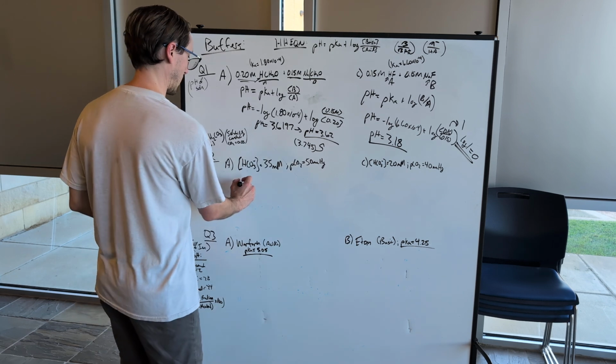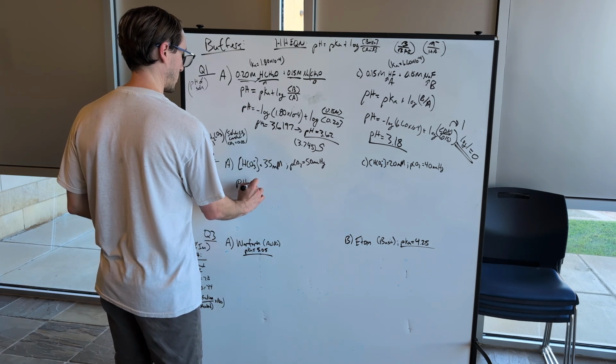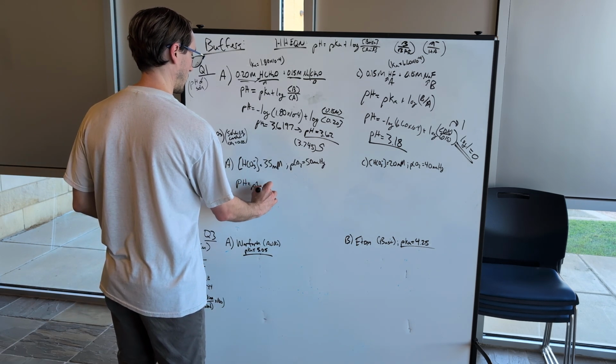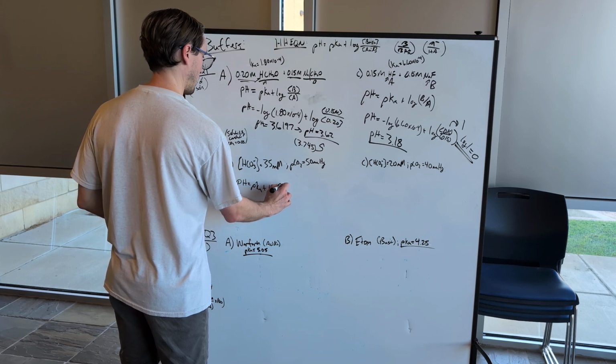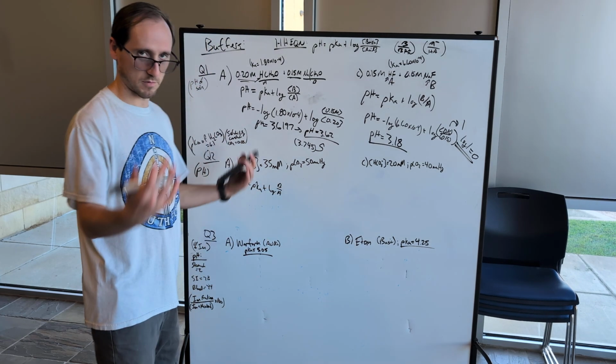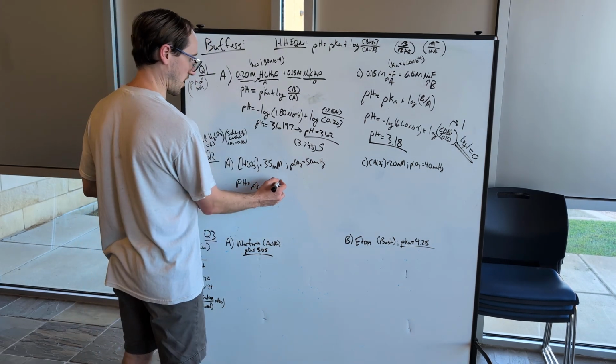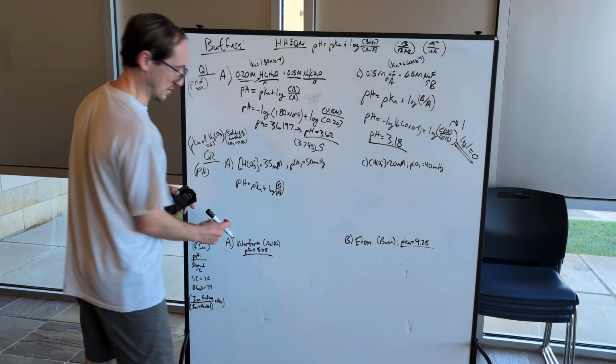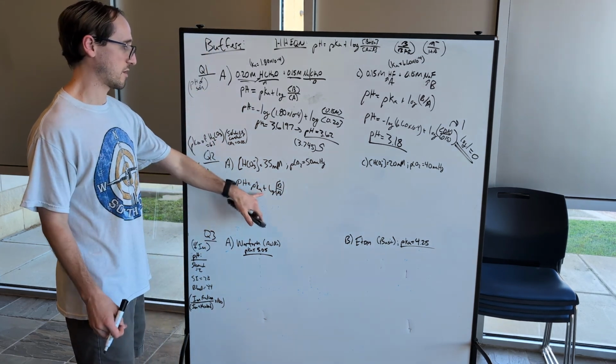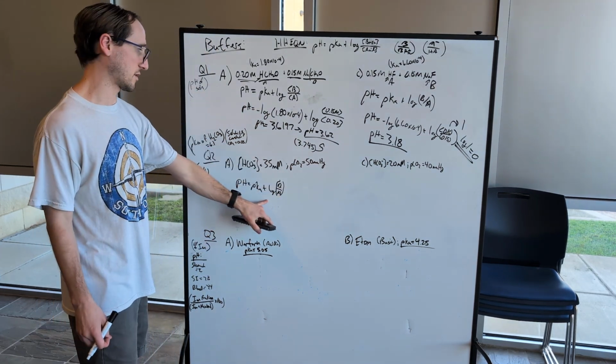Because once again, we're looking at pH is equal to pKa plus the log of base over acid. Again, we're not doing anything different, but the idea is being able to know how to convert this information we're giving here to this.